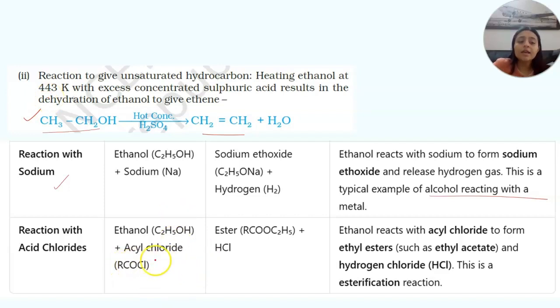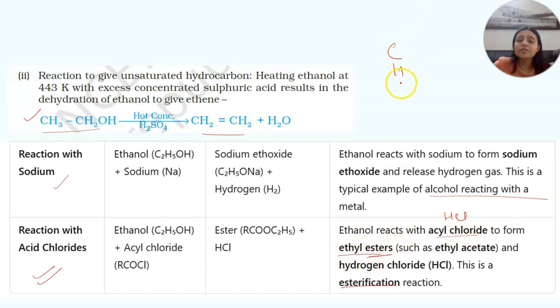Now reaction with acid chlorides will form an ester. This is also a major reaction, that is esterification. So you know what happens when alcohols react with acyl chloride, with HCl released. It can form esters.